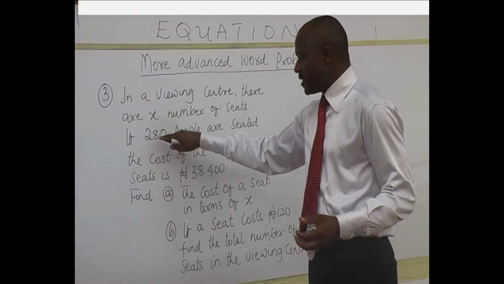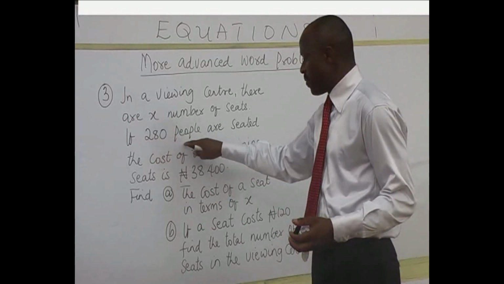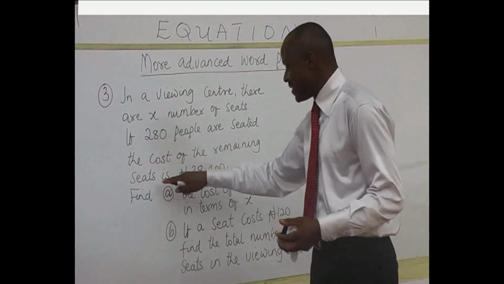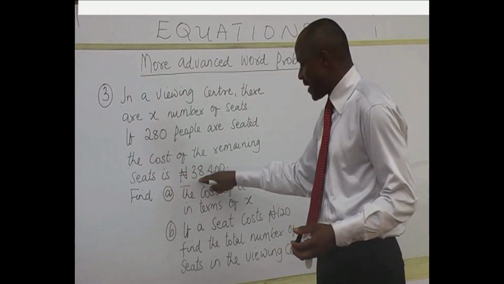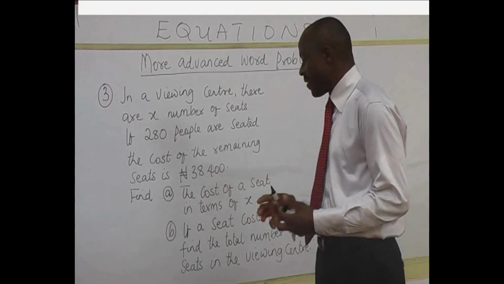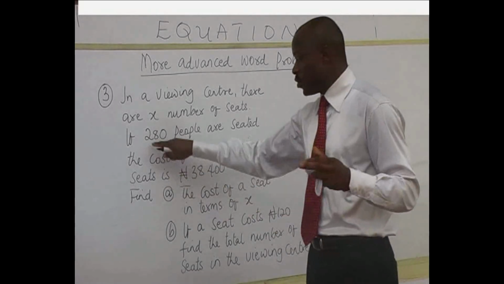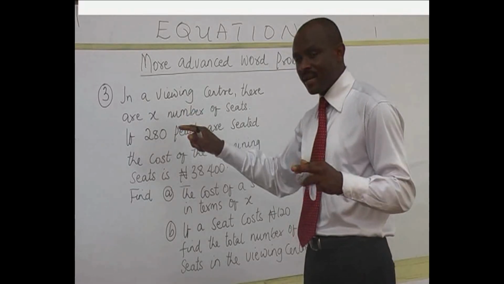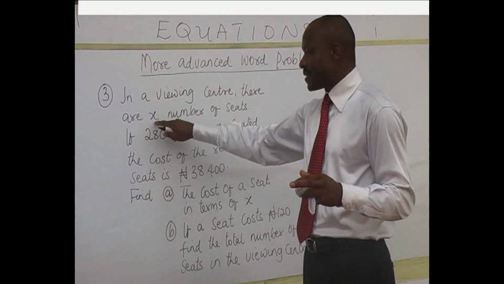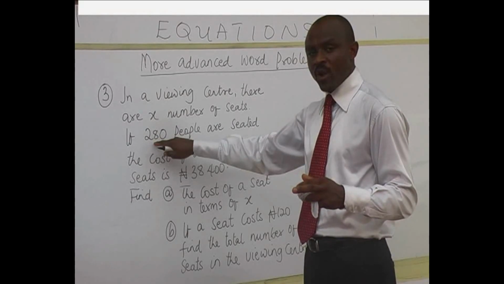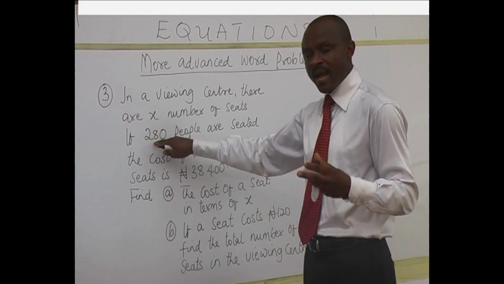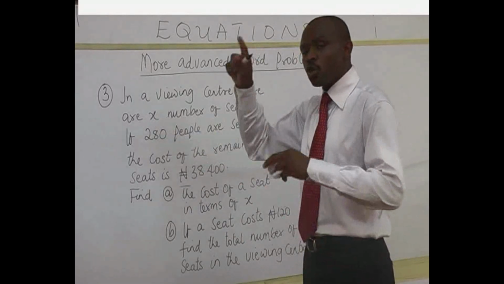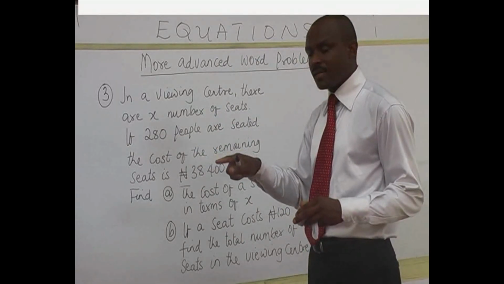If 280 people are seated, the cost of the remaining seats is 38,400 naira. If 280 are seated, the remaining is going to be X minus 280, because X is the total number of seats.